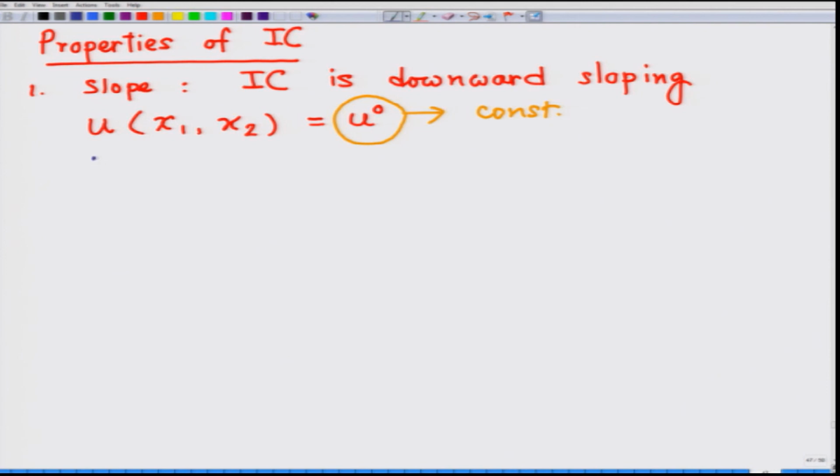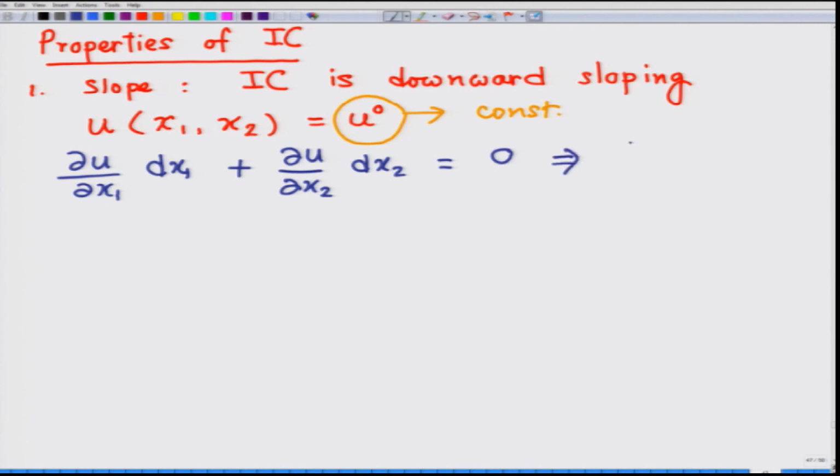So, of course, we are going to have zero, and then we get the first partial derivative of the utility function with respect to commodity 1, and this will be the partial derivative of the utility function with respect to commodity 2.